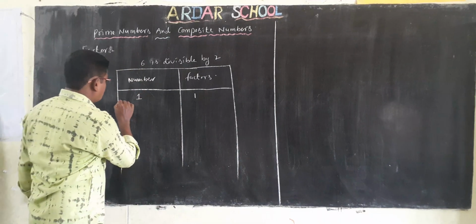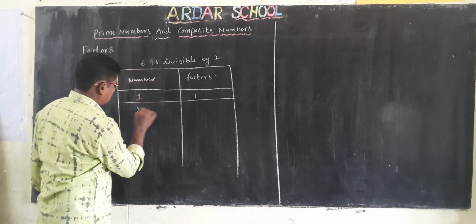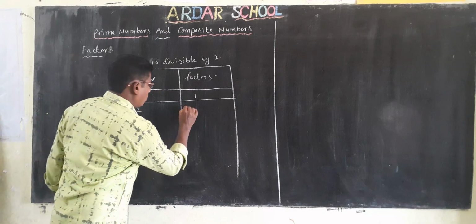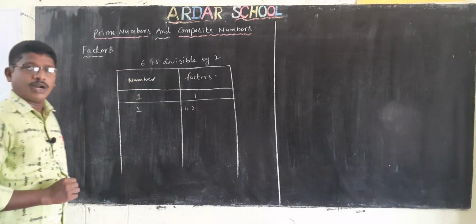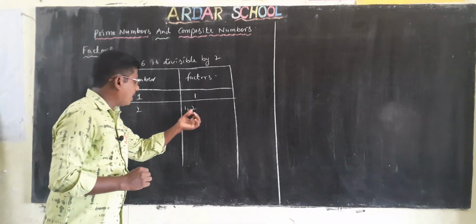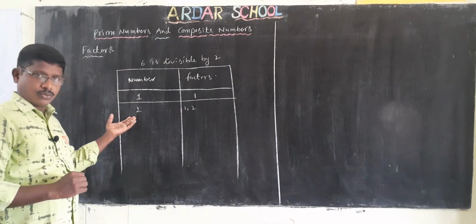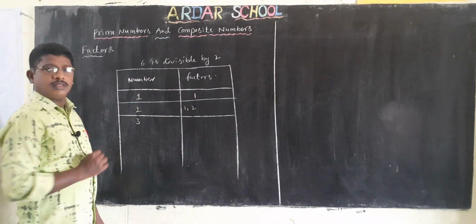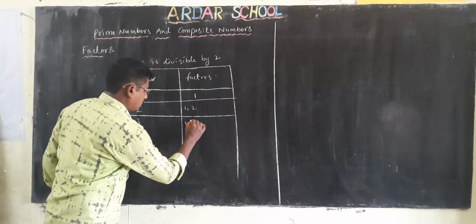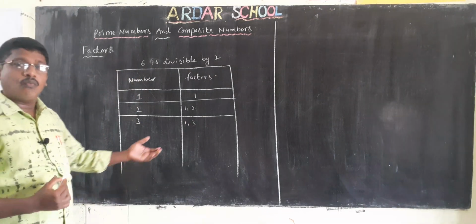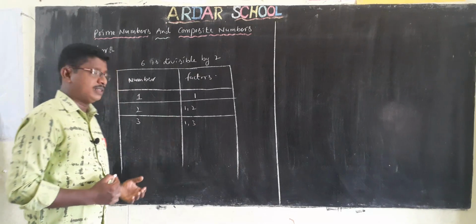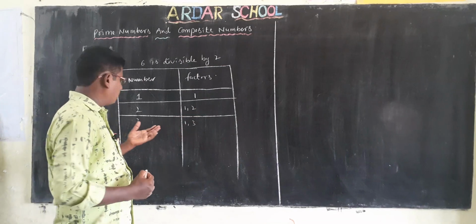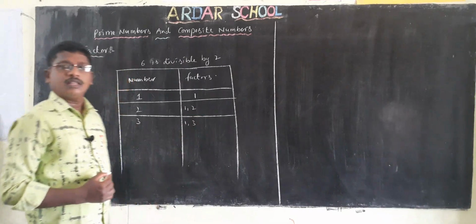Next, 2. 2 is divisible by 1 and 2, so 1 and 2 are factors of 2. Like this, 3: only 1 and 3. So the factors of 3 are 1 and 3.